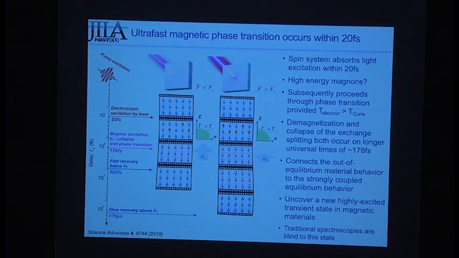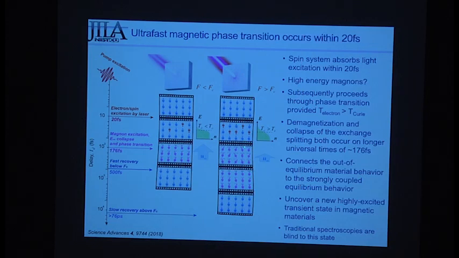If it's a phase separation, you could think of a few small regions demagnetized, and the recovery is fast. But above this critical laser fluence that drives the electrons above the Curie temperature, we're postulating that there's a critical high energy magnon excitation.